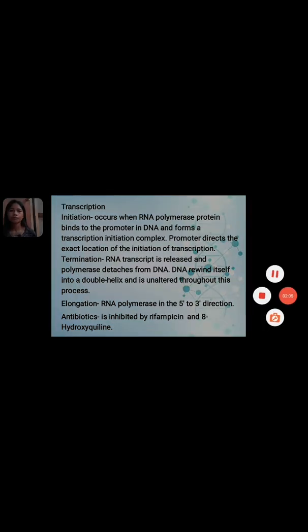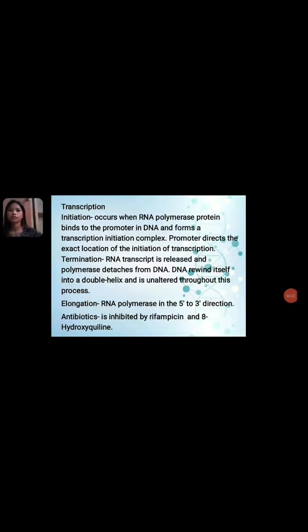Elongation. RNA polymerase moves in the 5 to 3 direction.